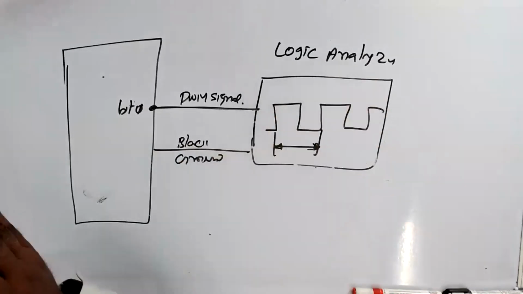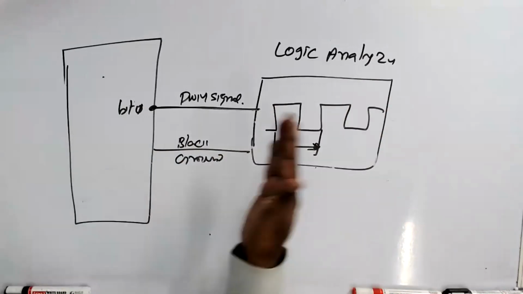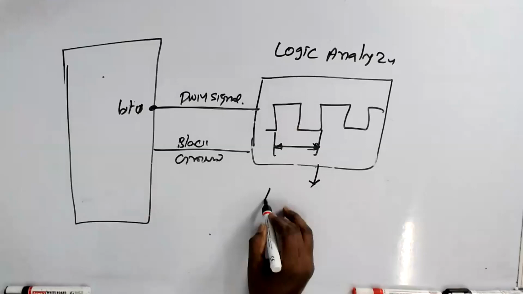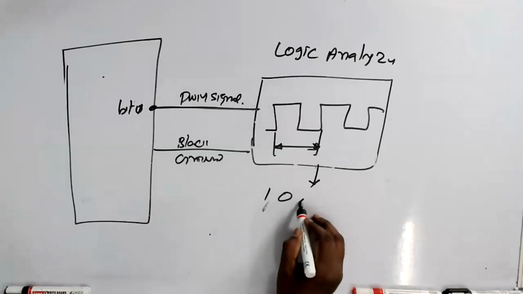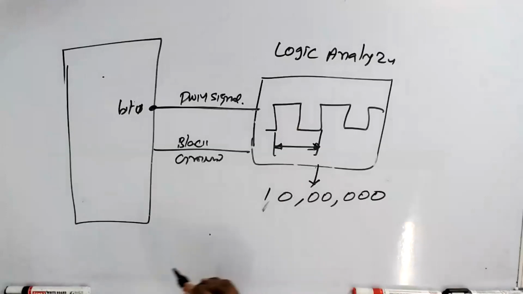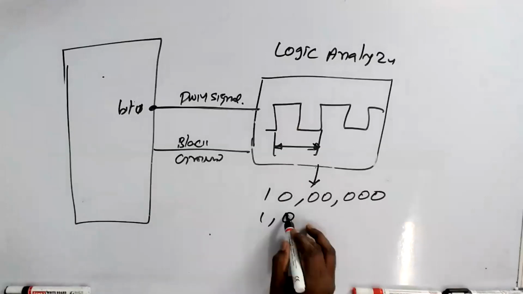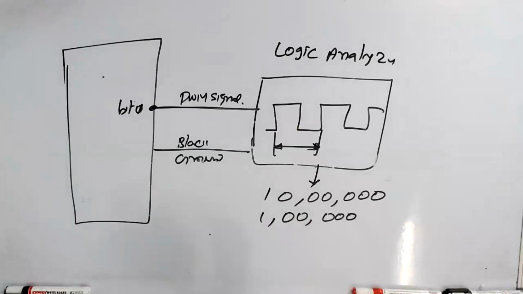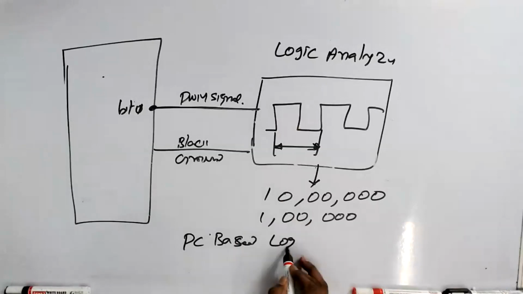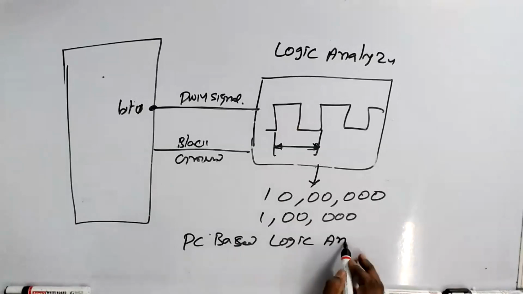This logic analyzer used to cost a minimum of 10 lakhs in the initial days when we were doing this. Then it came down to the price of 1 lakh. Today, you have a PC based logic analyzer for less than 1,000 rupees.